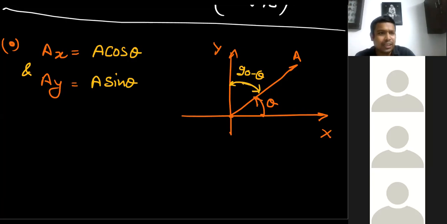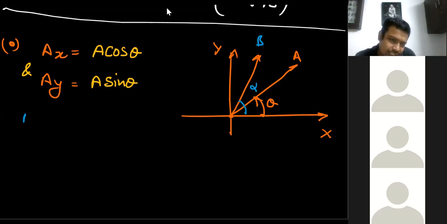Similarly, my dear friends, the vector B makes an angle alpha from the x-axis.